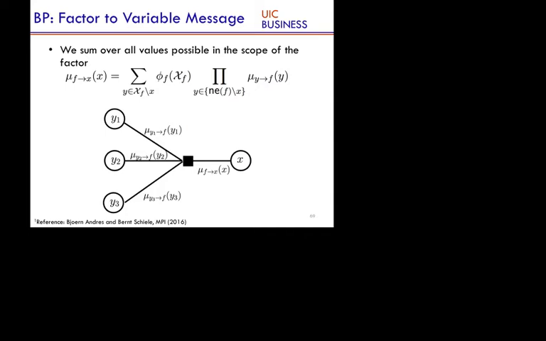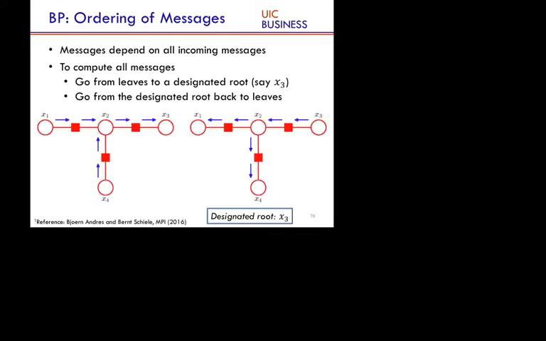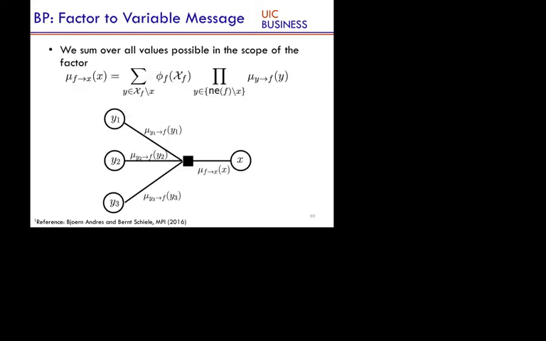Those are messages. I can compute them for all my nodes, factor nodes or variable nodes. There's this notion of ordering of messages. I said I can compute these messages, and I told you how to initialize, but I didn't tell you how these messages are multiplied. For a node, in the previous general formula, I will need messages from these three nodes.